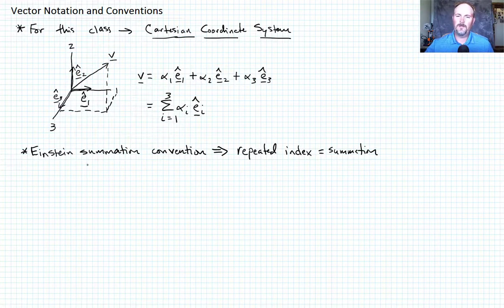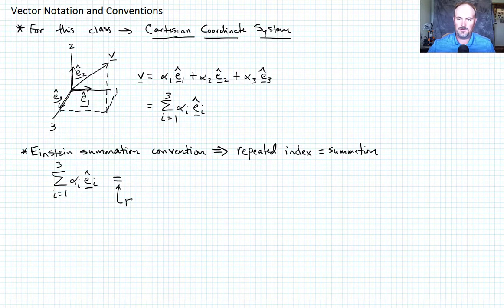Okay, so let's go back here and write down this summation that we just had. So I equals 1 to 3 alpha I EI hat. So here I have an index of I and an index of I that are repeated. So in Einstein convention, that already implies a sum.